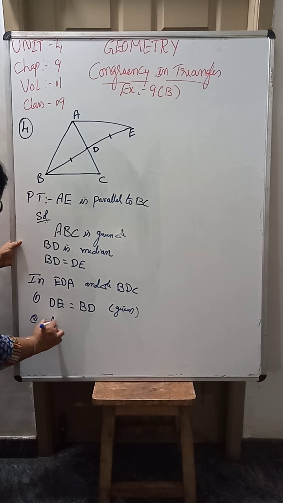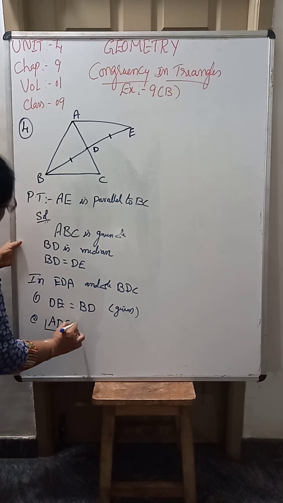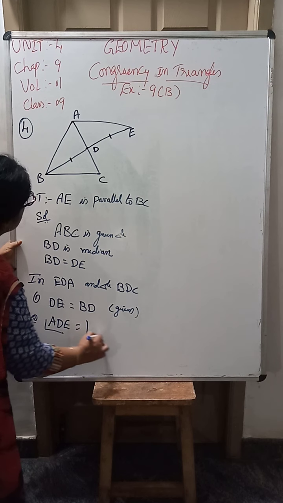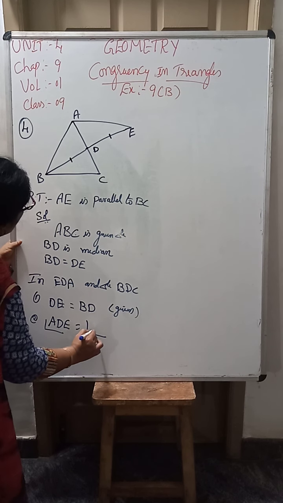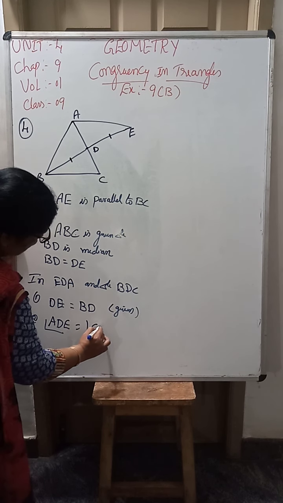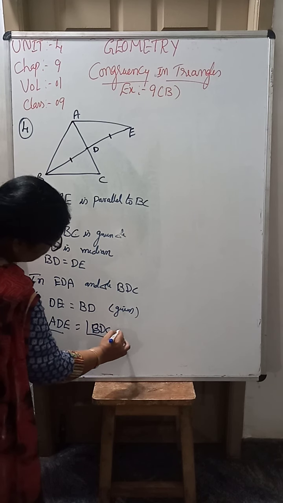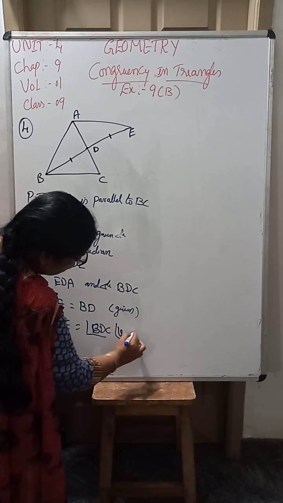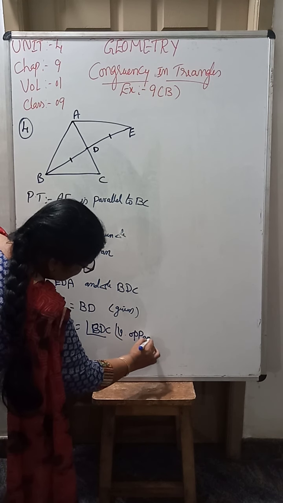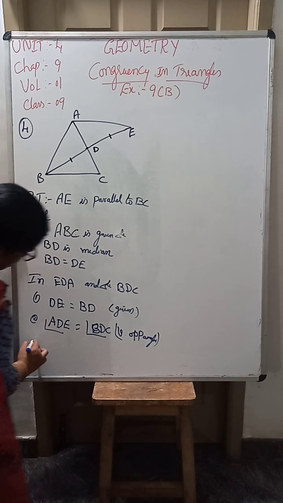Angle ADE is equal to angle CDB or BDC, vertically opposite angles.